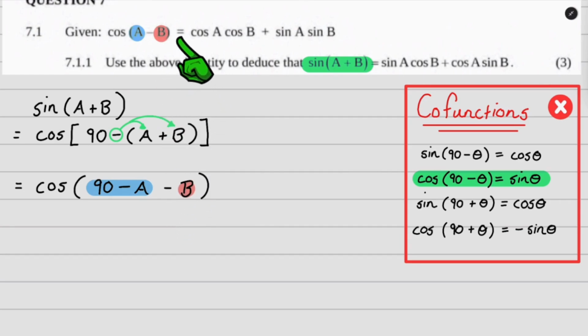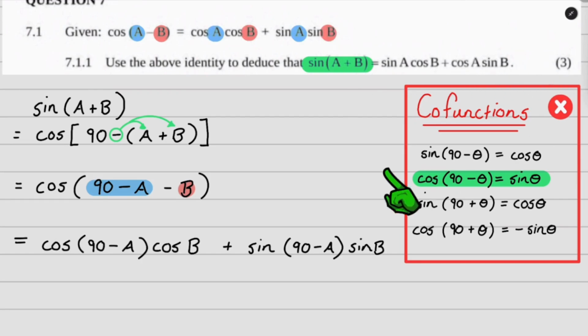So now I'm going to expand it with this formula, or this compound angle. So to expand it, it's cos of A. So our first angle is 90 minus A, so that goes in the cos. And then cos of B, that B goes into the cos. Sine of A, sine of B. So I do sine of the first angle and sine of the second angle.